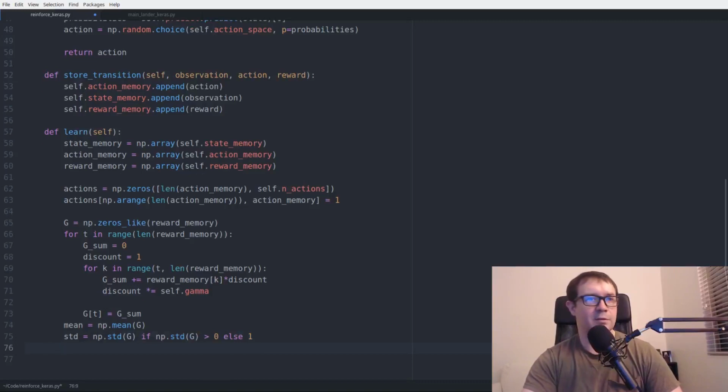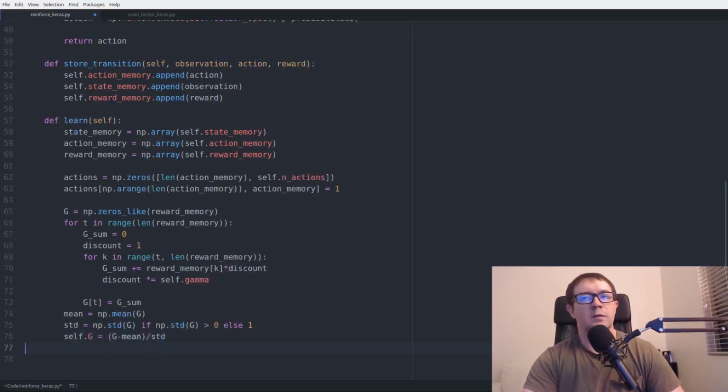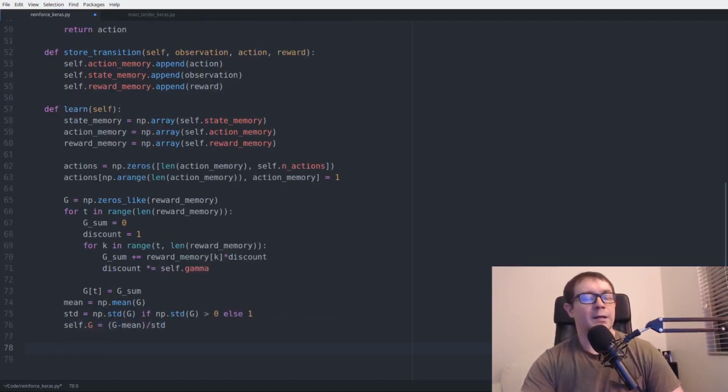You don't want to divide by 0, right? Don't cross the streams. That would be bad. Self.G equals G minus mean divided by standard deviation. So that handles the calculation of the discounted future rewards that follow each of the t time steps, with our scaling and normalization.